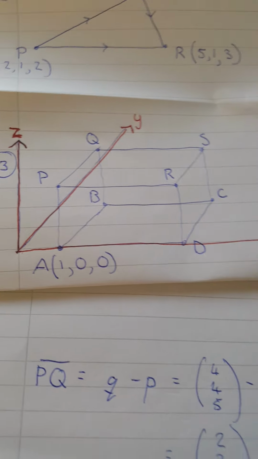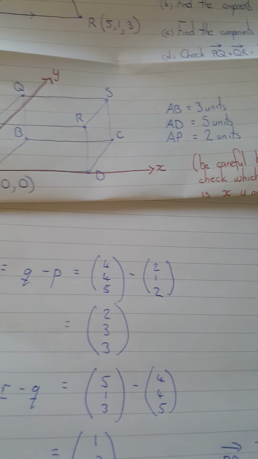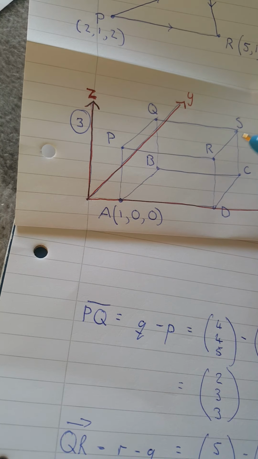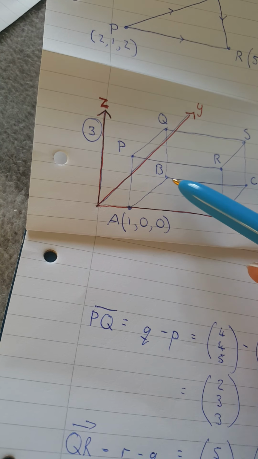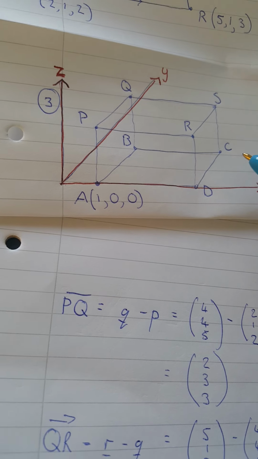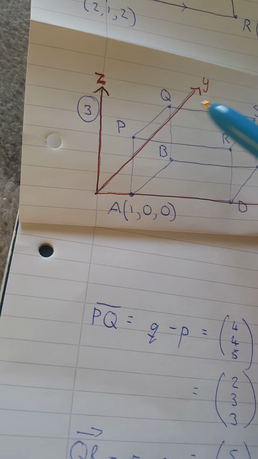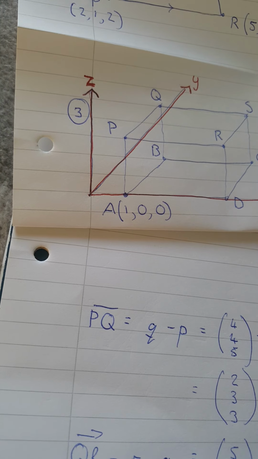The other example I wanted you to look at is this one here. In this one, we should have seen that vectors PQ, RS, AB, and DC were actually all the same vector. So when you worked out the components of these vectors, they should all be the same.